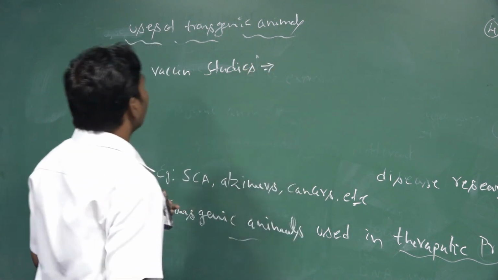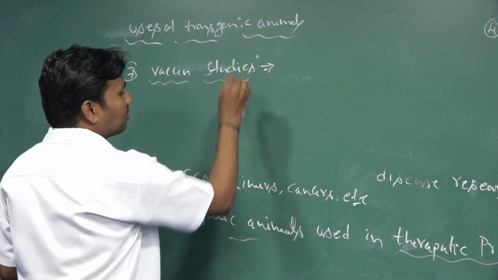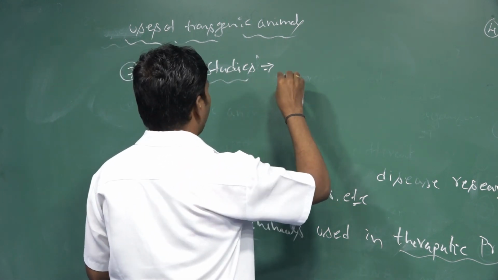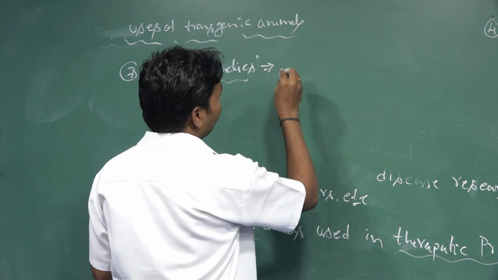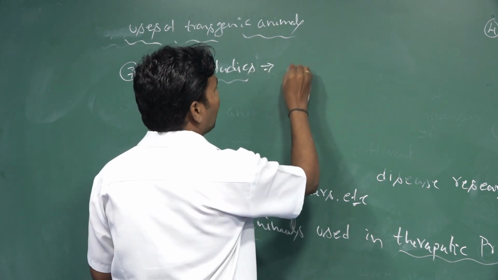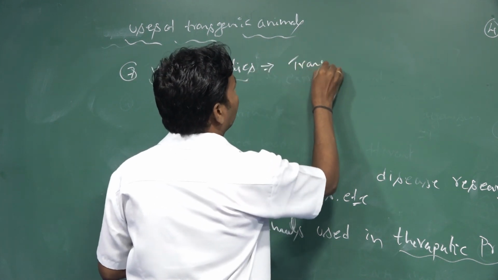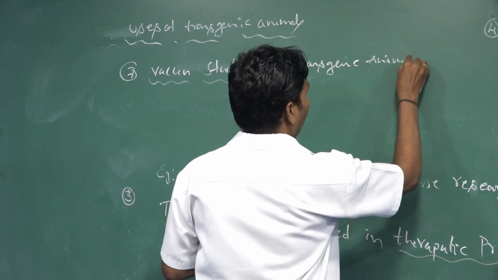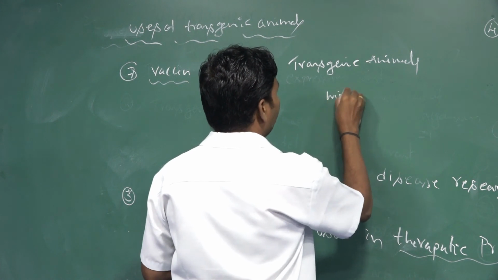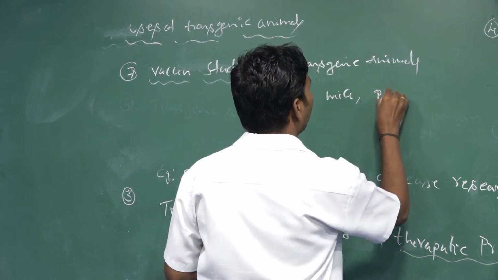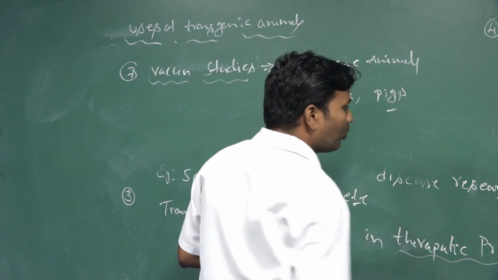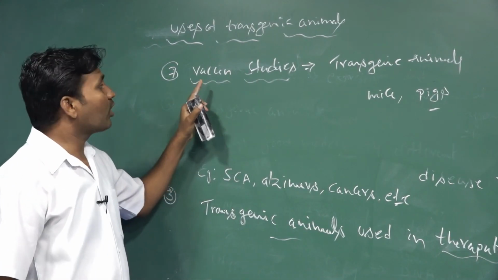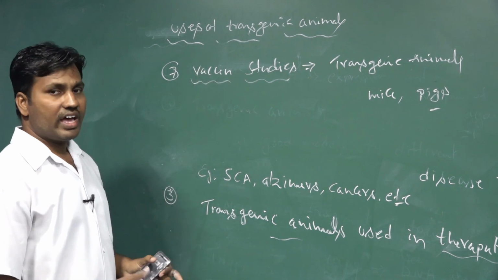Here the effect of the vaccine and the preparation of the vaccine are studied in different types of animals. For vaccine studies, transgenic animals like mice and pigs are used. So these are the different advantages and uses of transgenic animals.